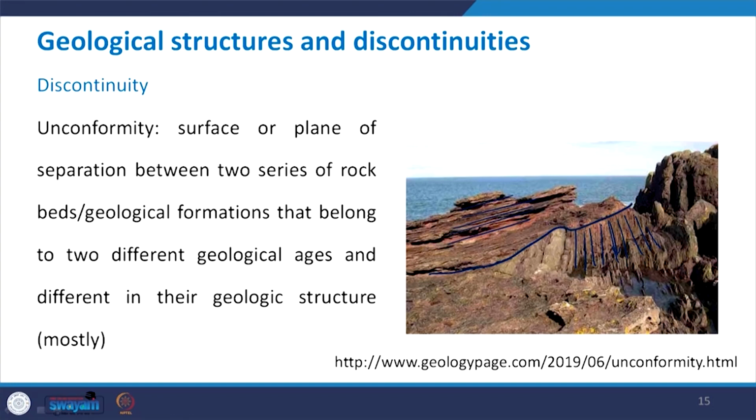Below that you have one rock type, and above that you have another rock type, and this is the plane which is separating these two different types of rock which have different geological structure. This kind of discontinuity is called an unconformity. There are different types of unconformity which can be looked up from any textbook; I have already given you the references.